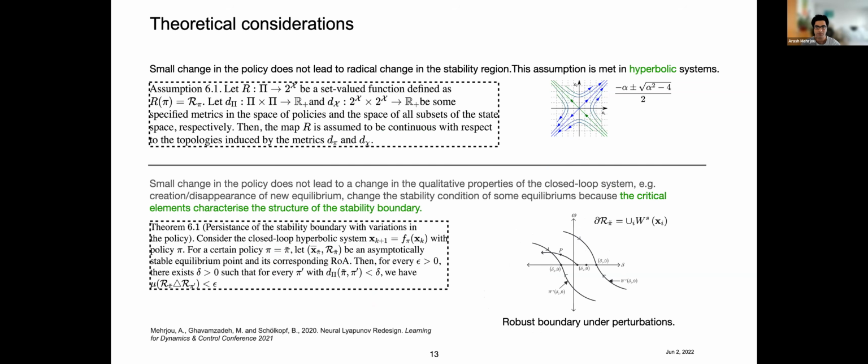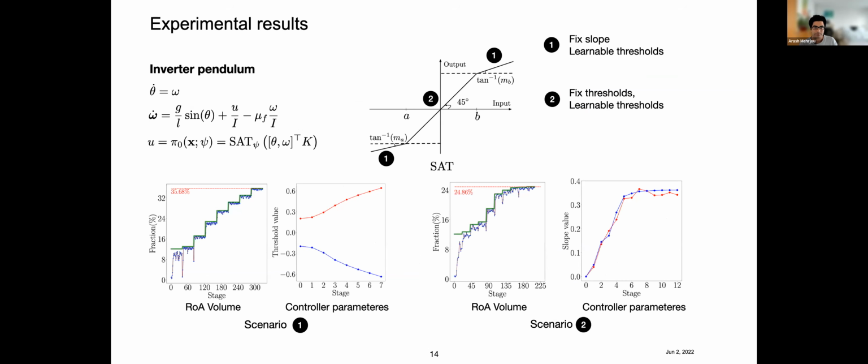We can make these assumptions more concrete, but I won't go into the details. The intuition is what I already stated, and feel free to see the paper for the proof of this theorem. Basically, the theorem says that if these conditions are satisfied, then a small change in the policy leads to a small change in the region of attraction.